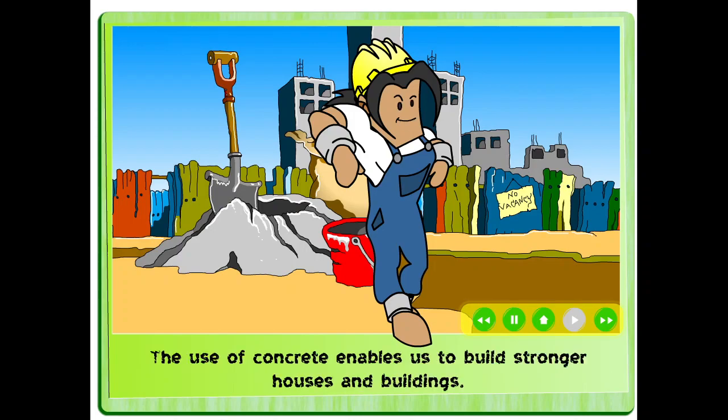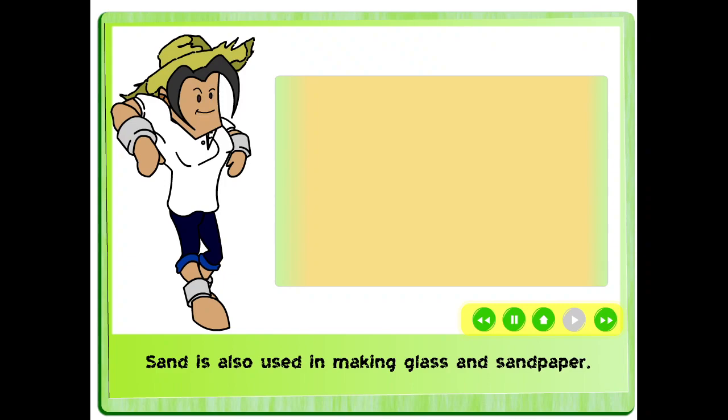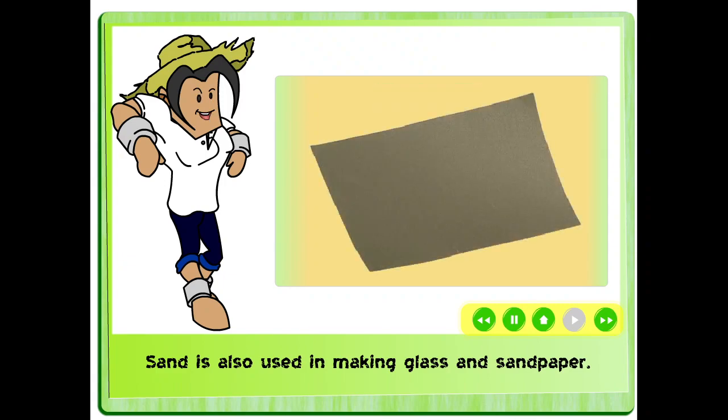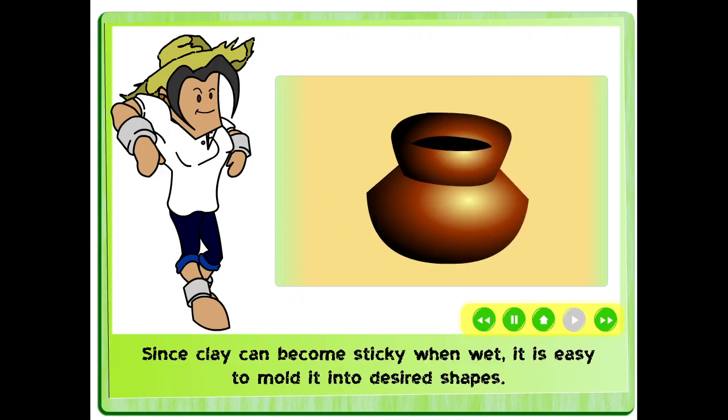The use of concrete enables us to build stronger houses and buildings. Sand is also used in making glass and sandpaper. Since clay can become sticky when wet, it is easy to mold it into desired shapes.